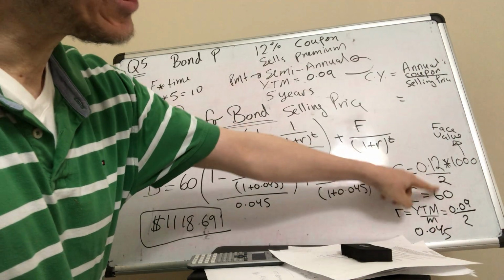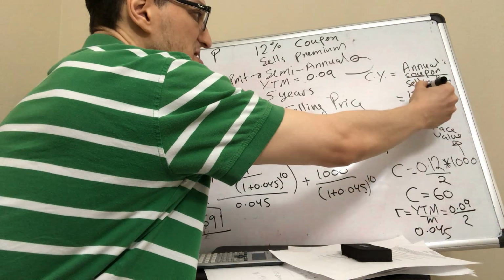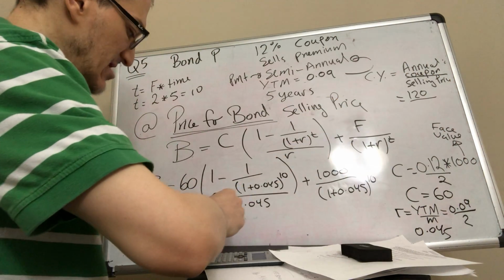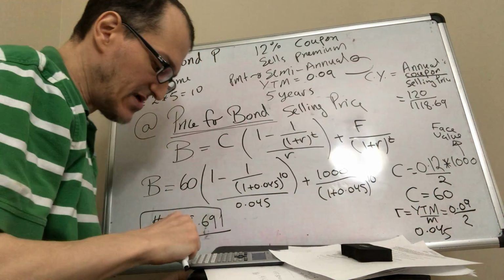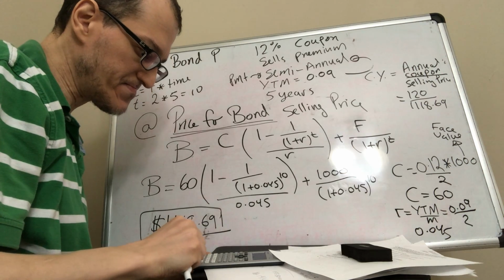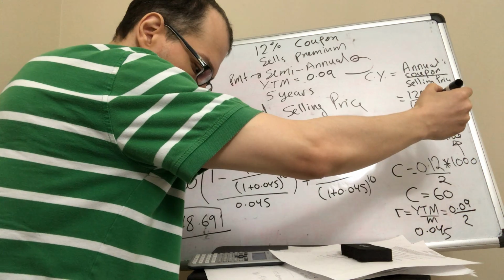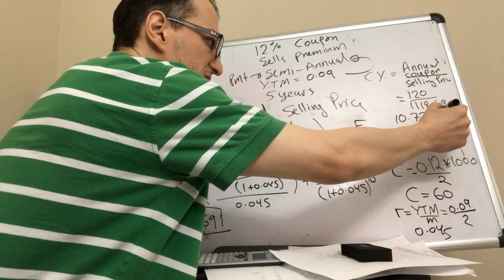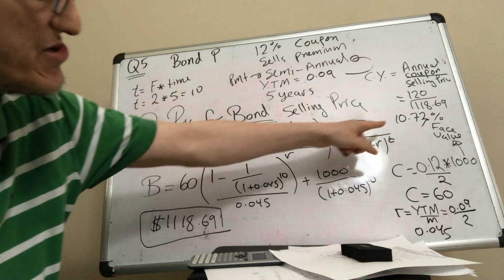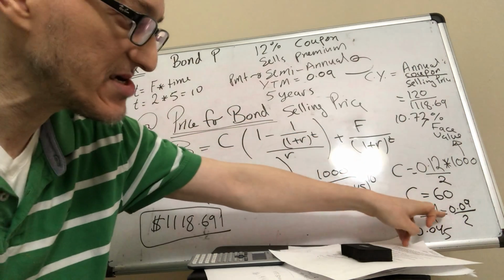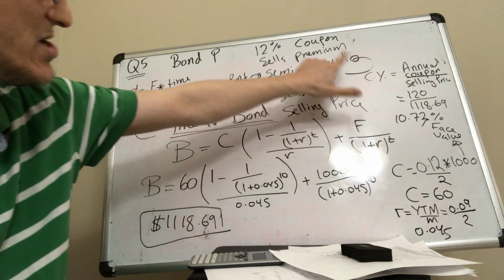Here, the semi-annual coupon is 60, so the annual coupon would be 120, selling price 1118. You divide them, and that would give you 10.72 or 73%. And you see this percentage is more than the 9%. This percentage is more than the yield to maturity. That's why you're selling at premium.